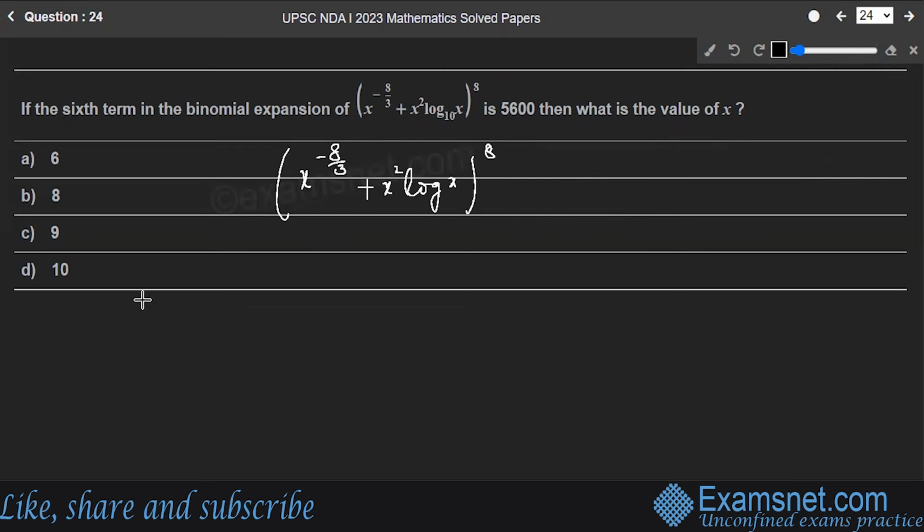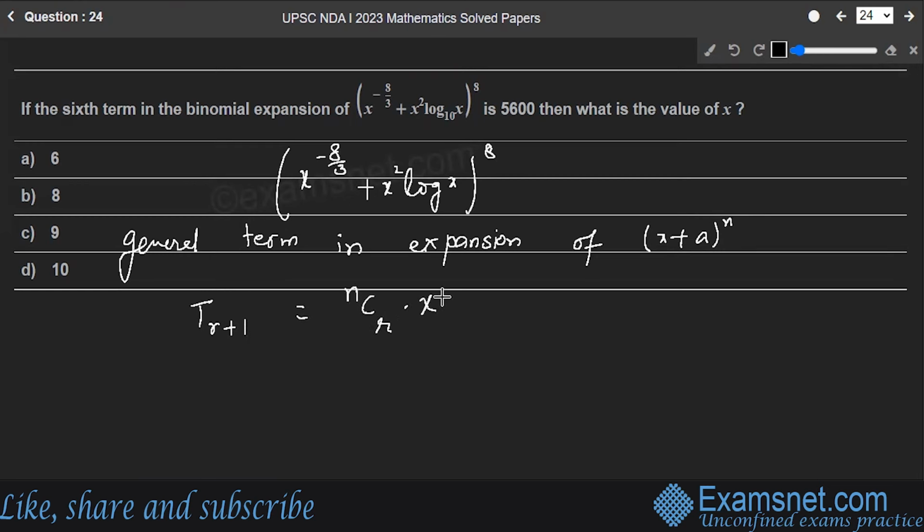So we know the general term in the expansion of a plus x raised to power n is given by Tr+1 is equal to nCr x raised to power n minus r into a raised to power r.